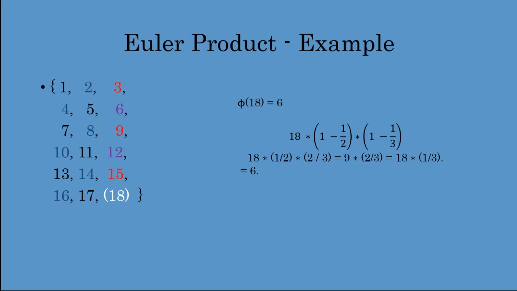And of course, that ratio is 1/3. So the key point is that we're repeatedly excluding members of this set based on whether they are divisible by a certain prime number, a prime factor of our number n.